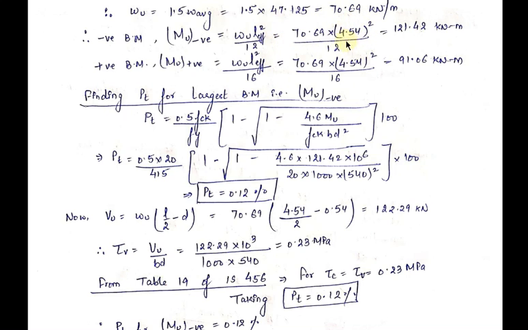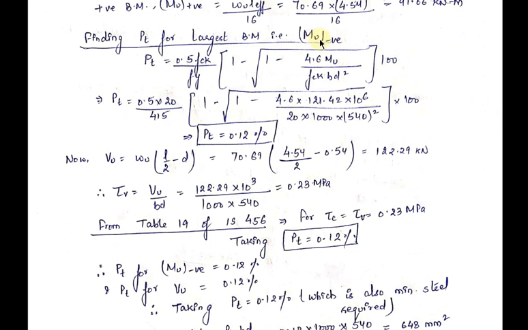After putting the values, I will get the maximum negative bending moment as 121.42 kilonewton meter, and the maximum positive bending moment as 91.06 kilonewton meter.